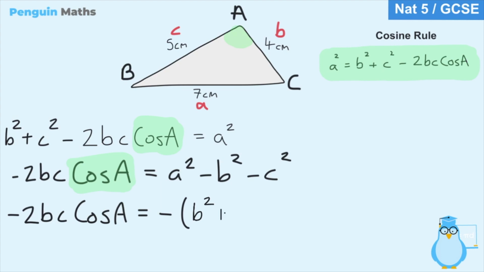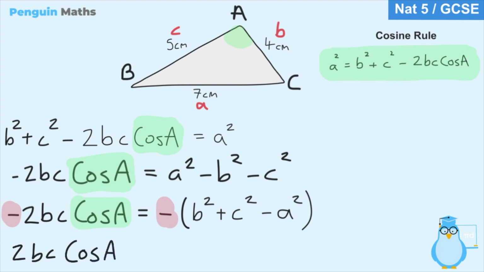So we're going to have b squared plus c squared minus a squared. And that means now the two minus signs on either side cancel out. So we're left with 2bc cos A is equal to b squared plus c squared minus a squared.